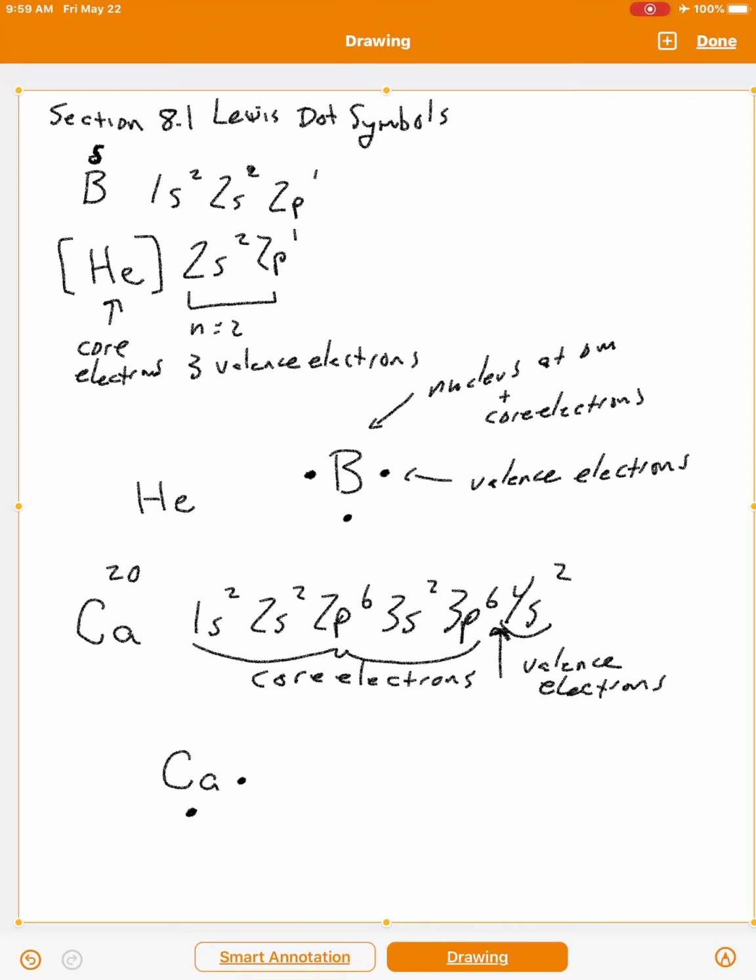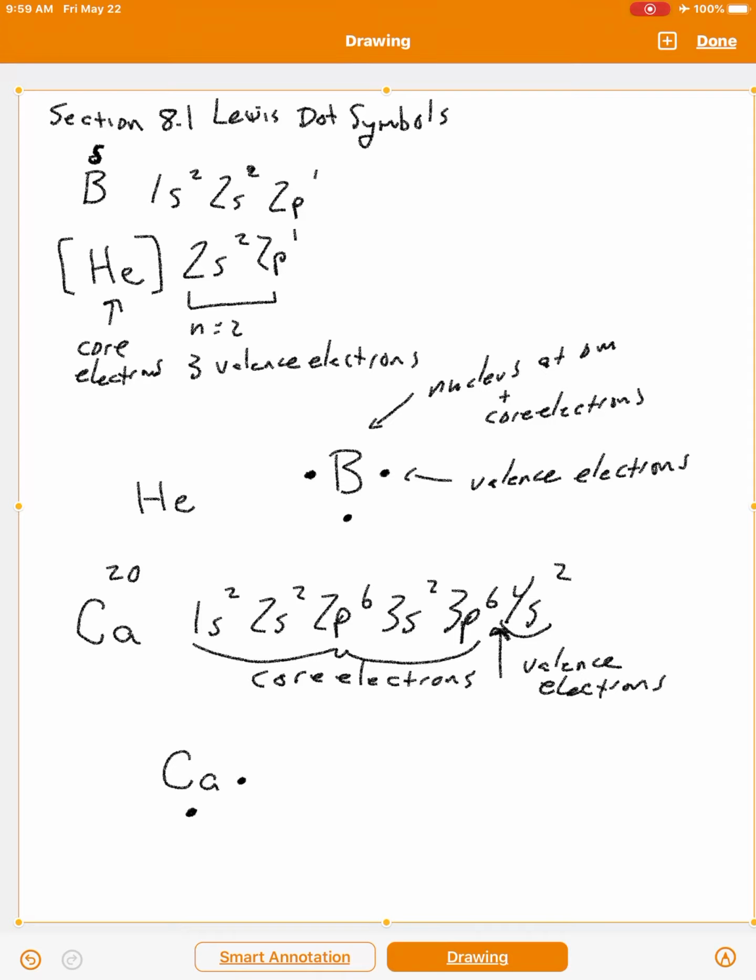But we've got to do 7. So once you get around the box, now start adding a second one to form a pair of electrons. So there's 5, 6, 7. It's normally written like this. 7 valence electrons. So this would be the Lewis dot symbol.